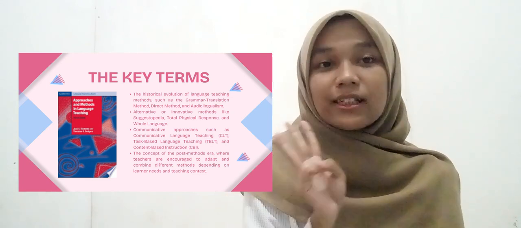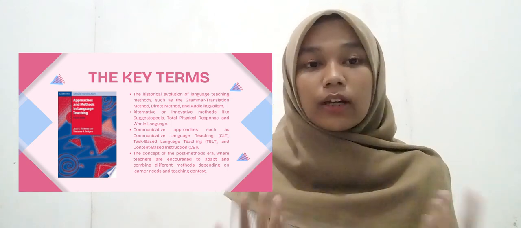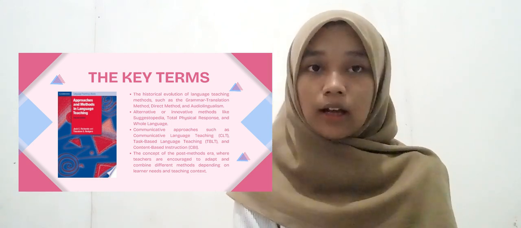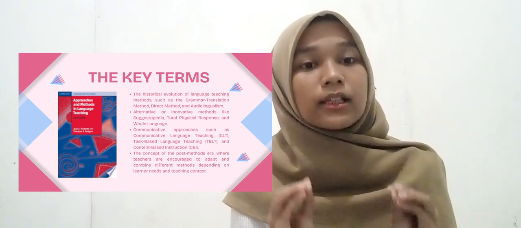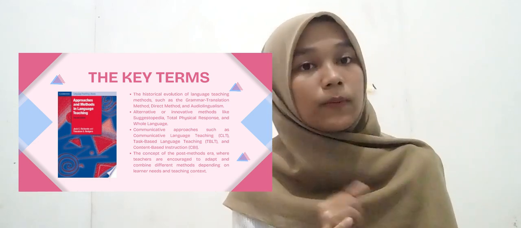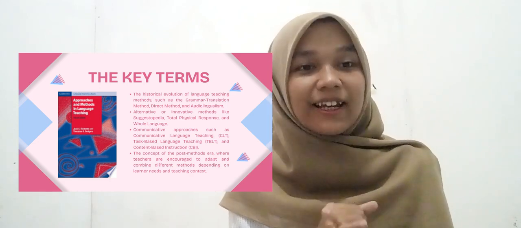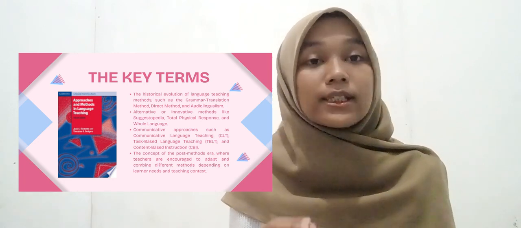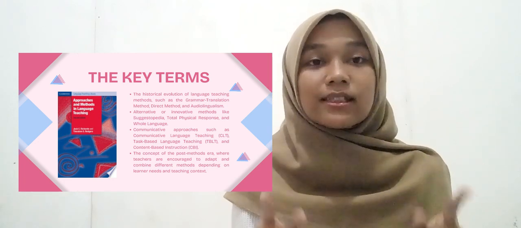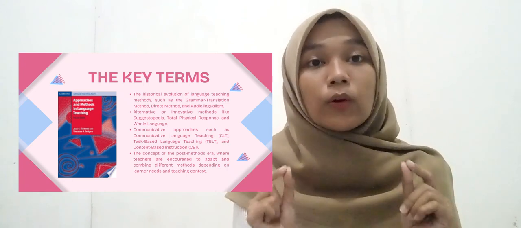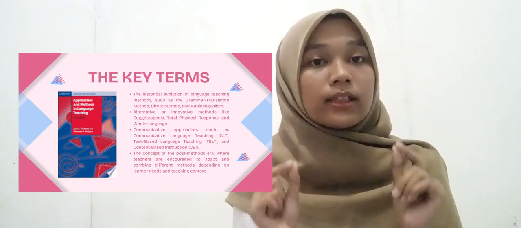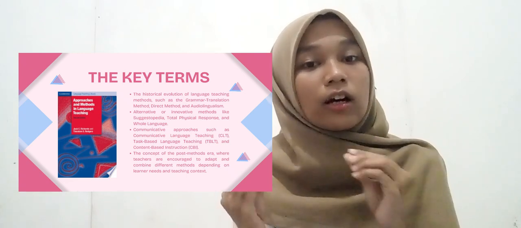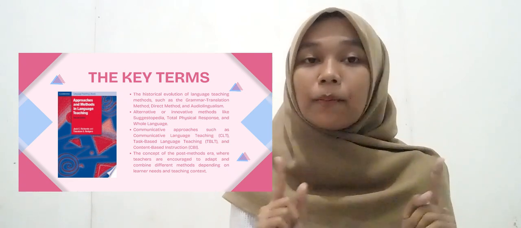The third key term is communicative approaches such as communicative language teaching or CLT, task-based language teaching or TBLT, and the last is content-based instruction or CBI. And these key terms are also in main chapter 2, alternative approaches and methods.